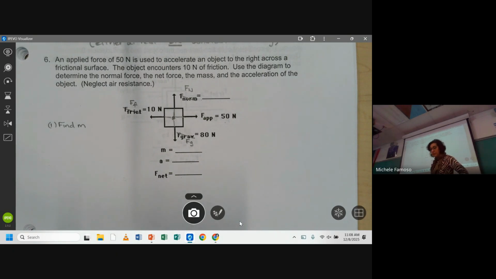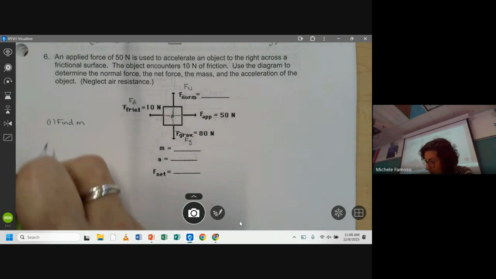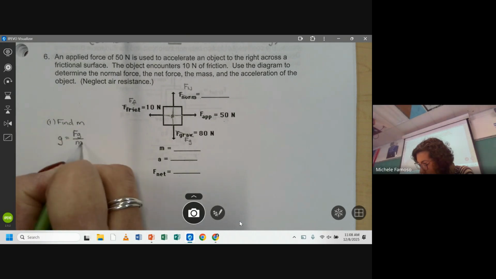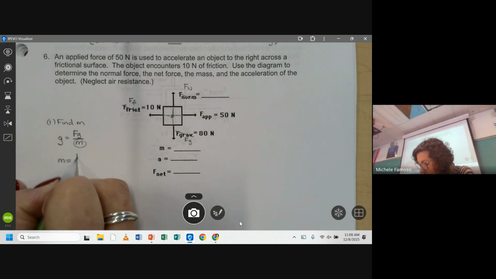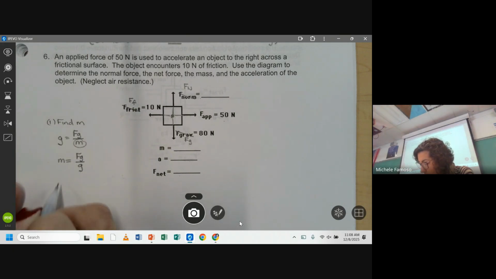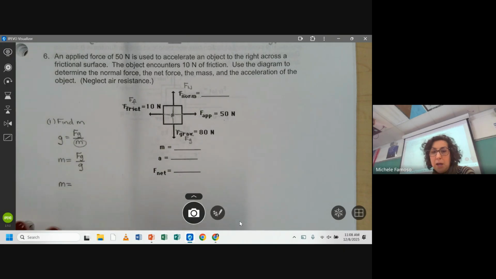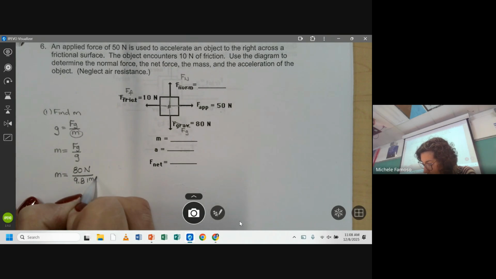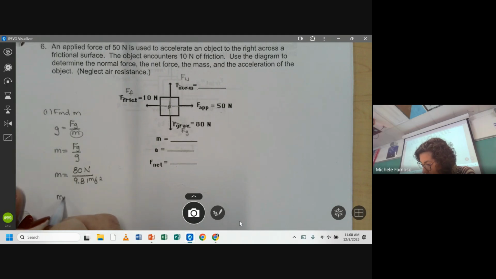Nikki? Excellent. G is FG divided by M. So that means M is FG divided by G. Let's go ahead and plug in. That means we're going to take 80 newtons and divide by 9.81 meters per second squared.